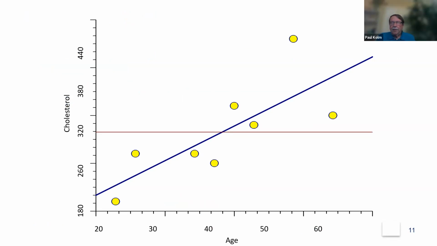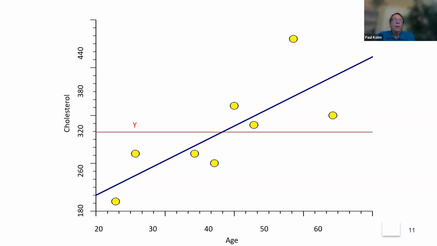And then the horizontal line across the middle, which we'll designate as capital Y, represents the overall mean of cholesterol values. And so in linear regression, what we are doing is we want to see if there's another variable or variables that explain the Y better than just the mean.